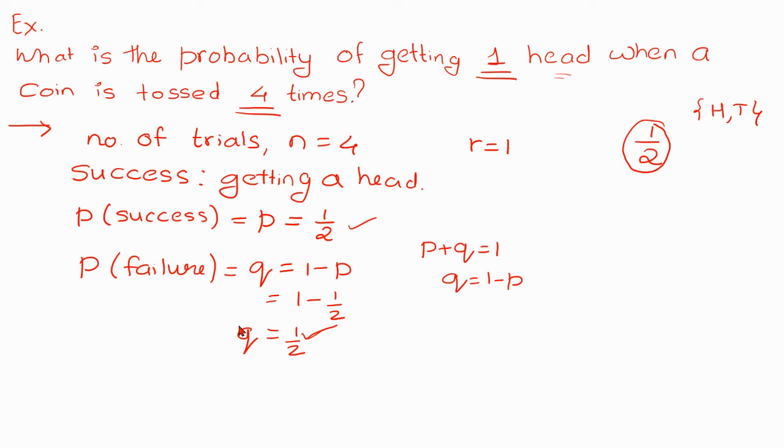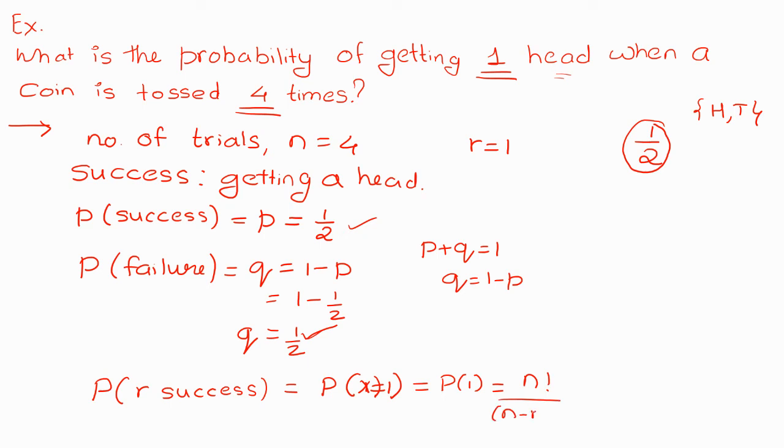This we have got. Now what is my formula? What do I need to check? The probability of r successes, that is the probability of 1, I can say, or I can say x is equal to 1 or anything. You can just represent it by P of 1. Anything is fine. Now it is given by n factorial over n minus r factorial r factorial, into p raised to r, q raised to n minus r.